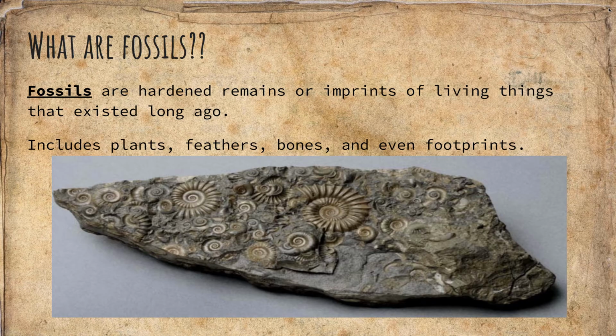And the next one are fossils. Fossils are just hardened remains or imprints of living things that existed long ago. So this includes plants, feathers, bones, and even footprints, all considered fossils. They're just remains.